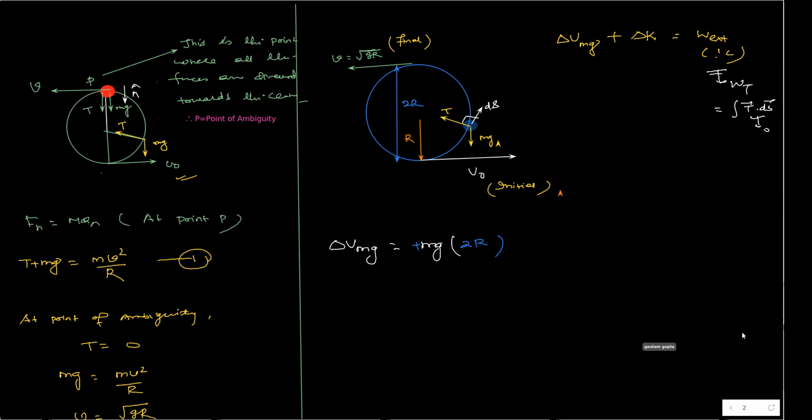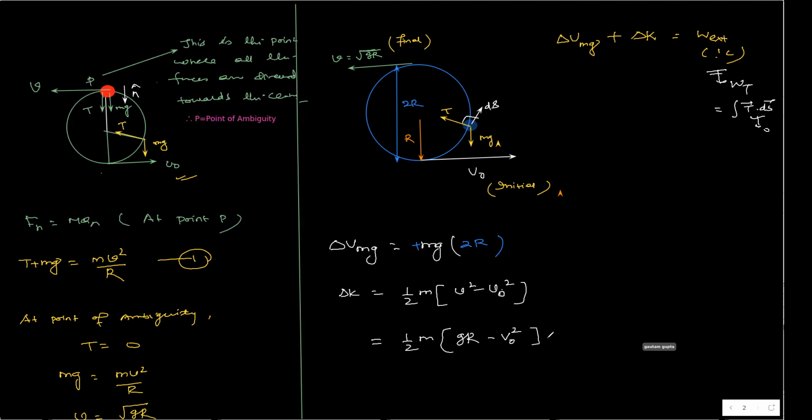Now what is delta K? Delta K here will be half m into final velocity v square minus initial velocity v naught square, right? And your final velocity v square is gr, and minus v naught square, where v naught is what you have to find in this case.